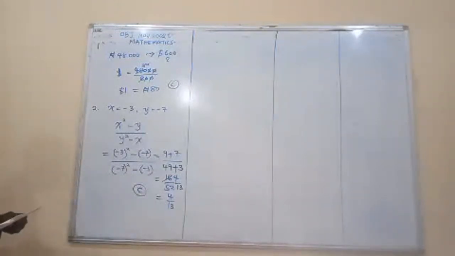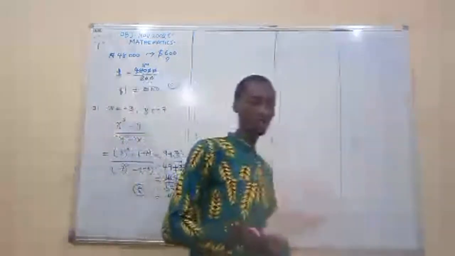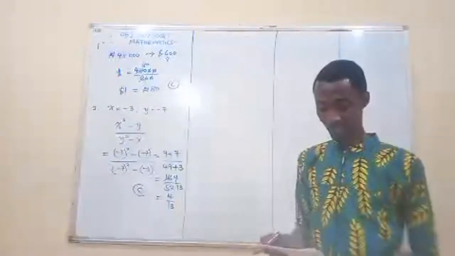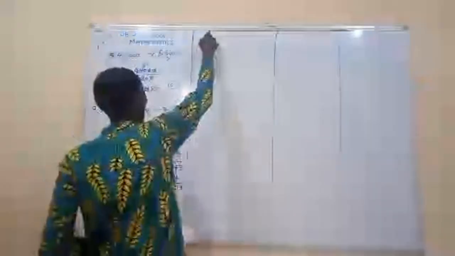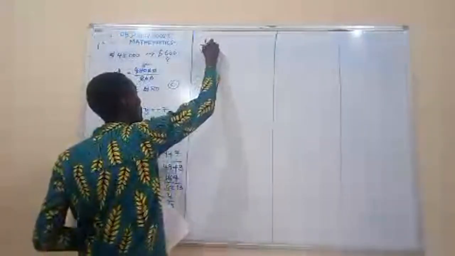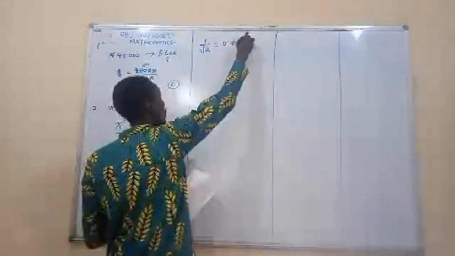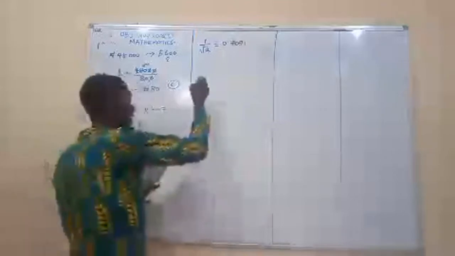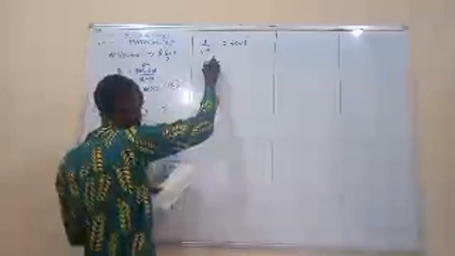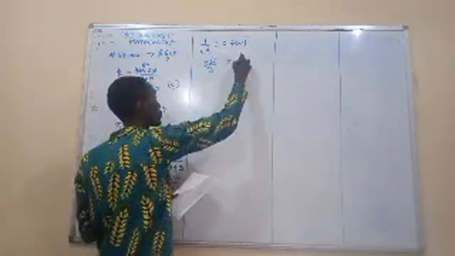Okay, now we come to number 3. Question 3 of that exam is testing your knowledge of surds. You are told that 1/√2 will give you 0.7071. I am told to say by how much 3√2/2 is greater than 1/√2.